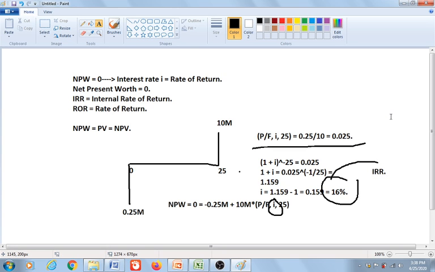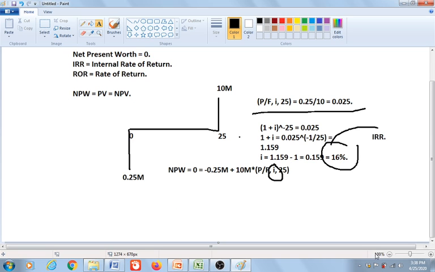That's the first way. The second way is by doing interpolation. When you look up the table, you need to find the value of P over F, I, 25 that is close to 0.025.